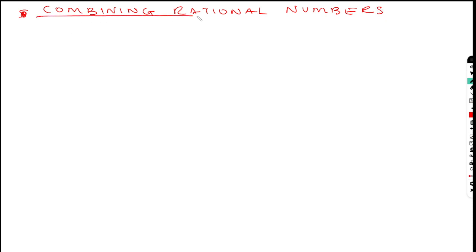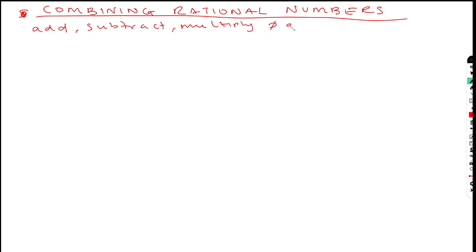So that's the main topic. That is, by combining rational numbers, we are doing addition, subtraction, multiplication, and division of fractions.